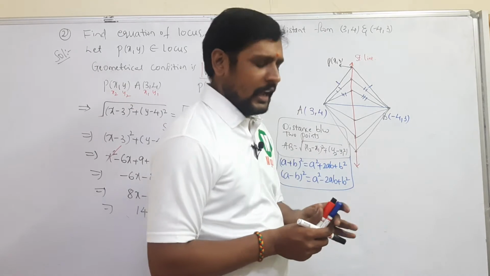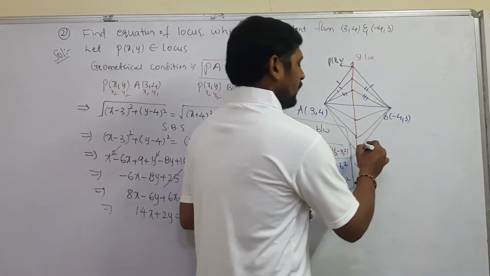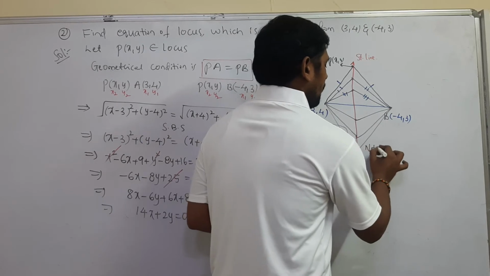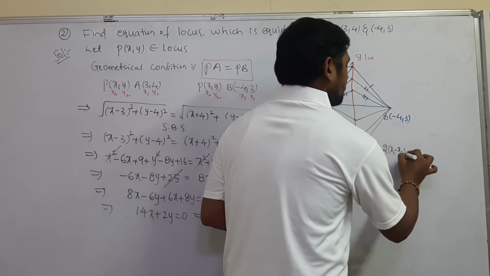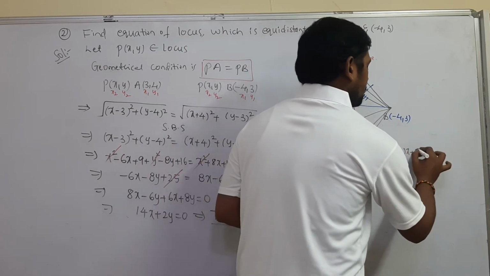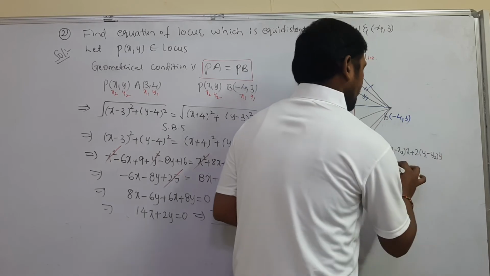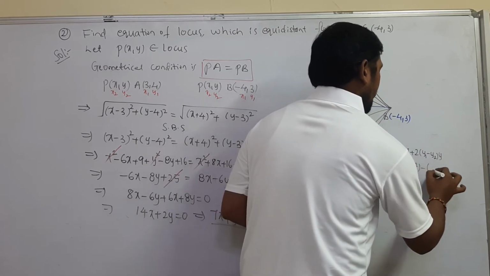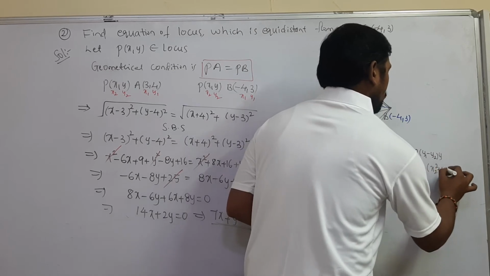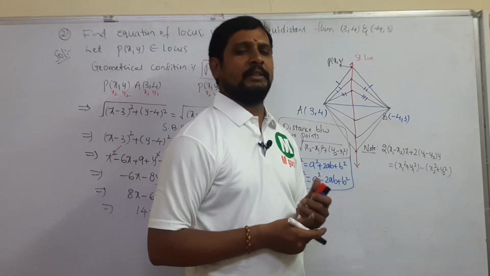That is clear, and to get the equation of that straight line we can directly use the formula: 2 into (x1 minus x2) into x plus 2 into (y1 minus y2) into y equals x1 square plus y1 square minus (x2 square plus y2 square), right? So this is for the purpose of JEE.